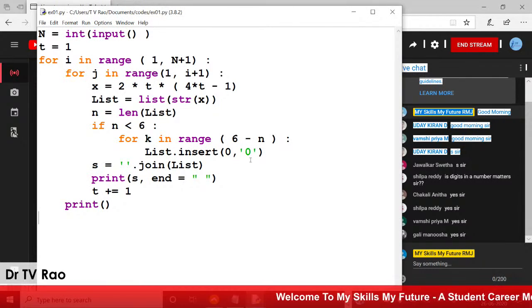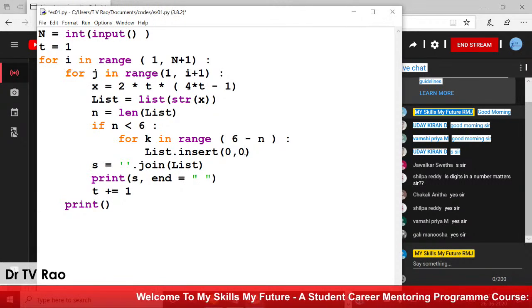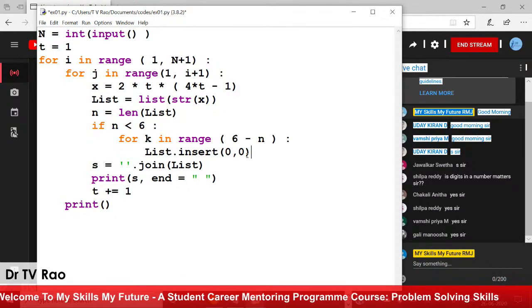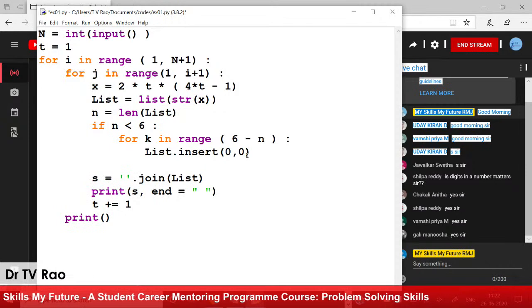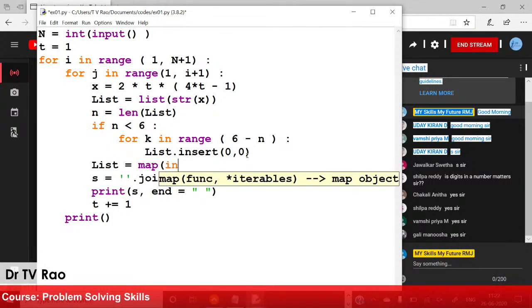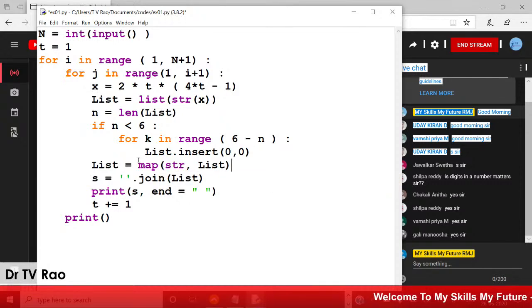Is this clear? So if you don't add 0 as a string, then you need to add one more statement here. What is that? You need to convert everything into string, right? So this step is needed.